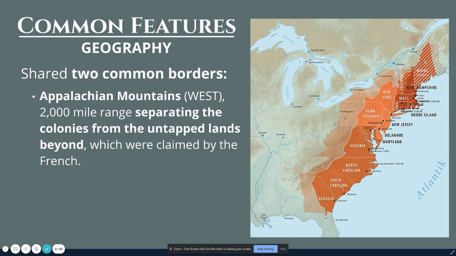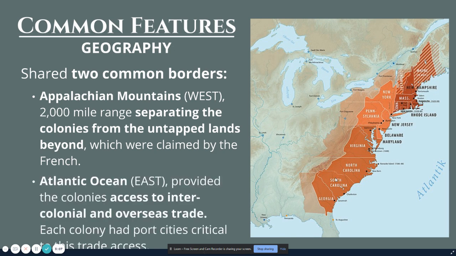Now, this is going to be separating the colonies from those untapped lands in the west, but also from the French territories that are going to be populating this entire region: the Ohio River Valley, the Mississippi River Valley, the Great Lakes, and the St. Lawrence. So this is going to be serving as a natural buffer, a natural boundary between the British colonies here on the east and the French to the west.